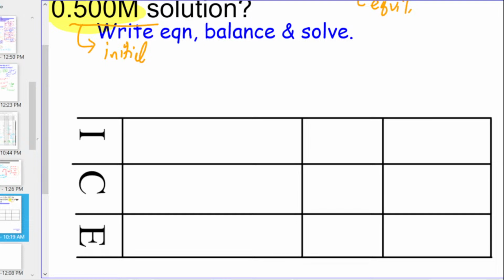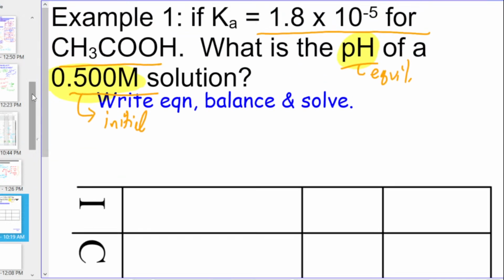For the chemical equation, Ella, what is the formula of acetic acid? CH3COOH. Okay, now what does it do?